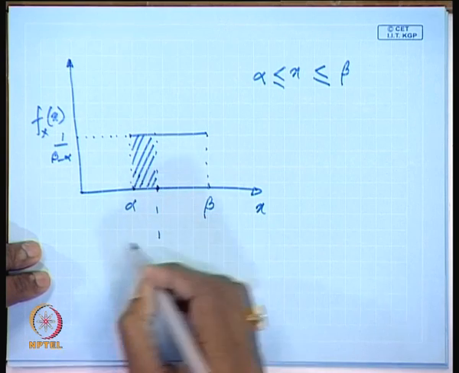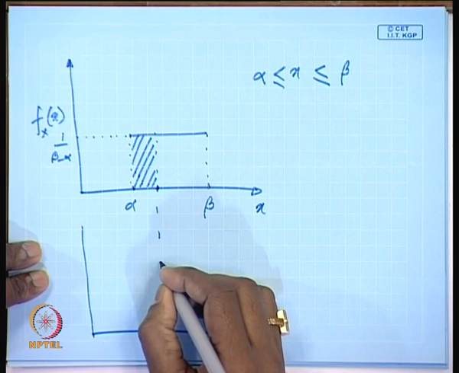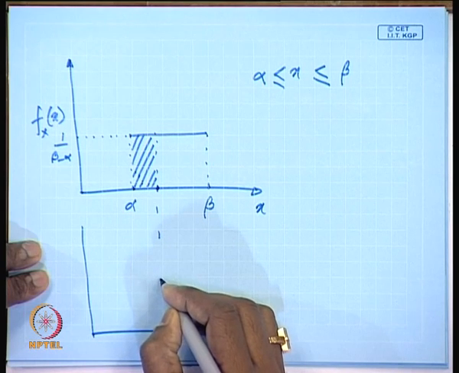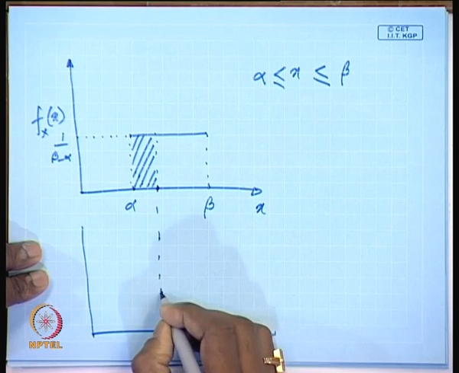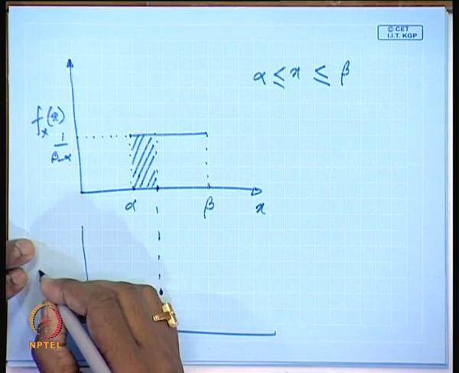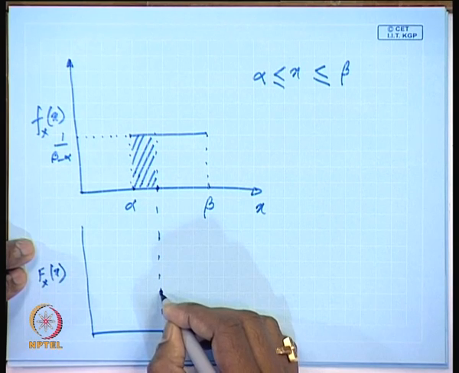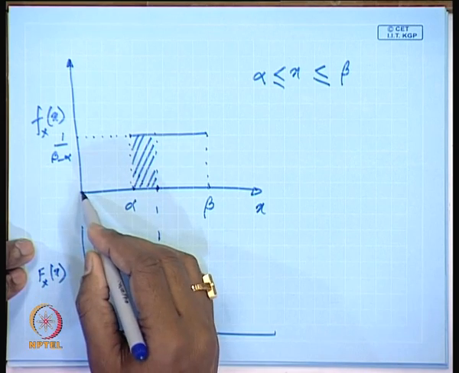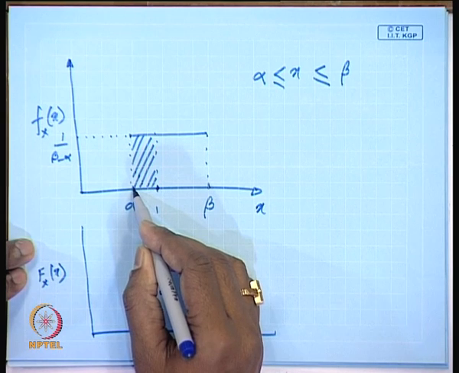This point in the cumulative distribution function implies the total area covered up to that point. Obviously, the total area covered at alpha is nothing, 0.